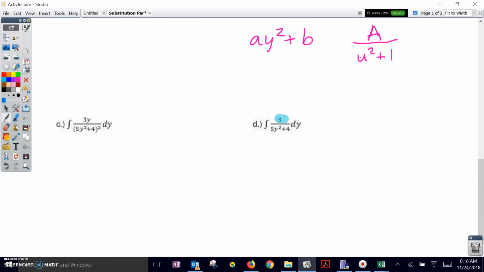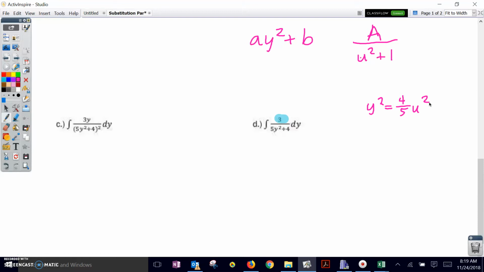In order to do that, let's think about what has to happen. We need y squared to be equal to 4/5 of u squared. Now why did we pick 4/5?